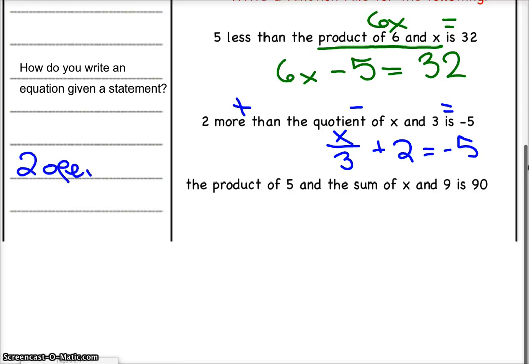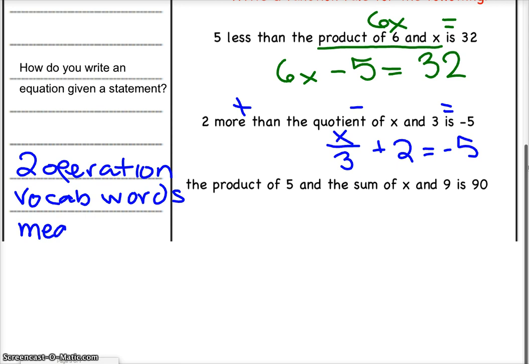Write this on the left: 2 operation vocab words, that means product, sum, difference, that kind of stuff, means parentheses need to happen. And maybe you can just write the parentheses symbol. So anytime you're given more than one vocab word, you're going to have to use parentheses somewhere.